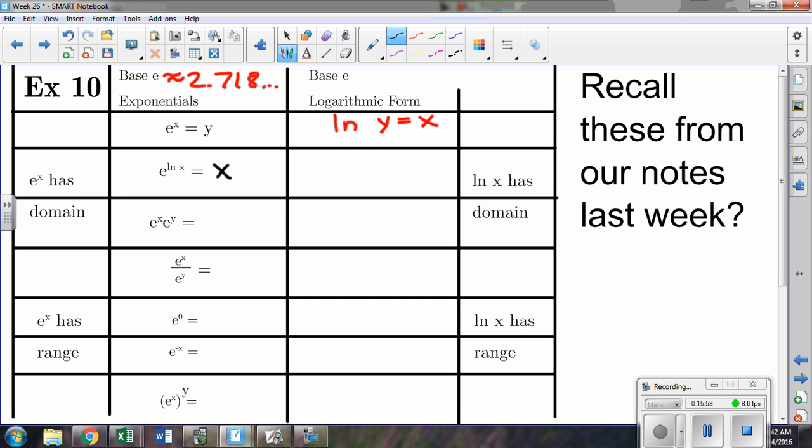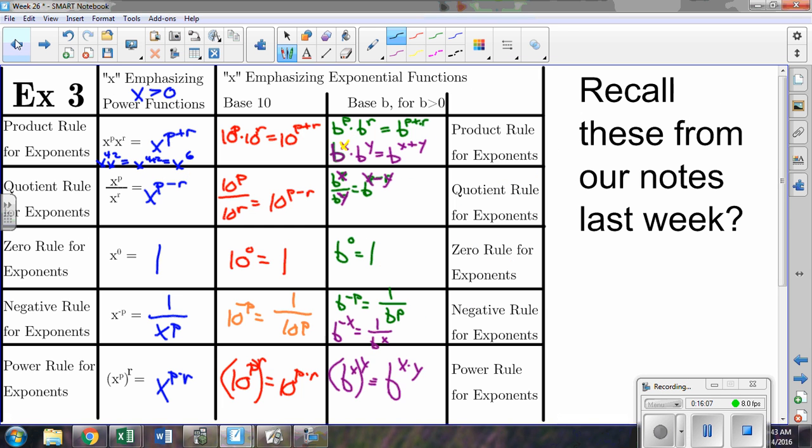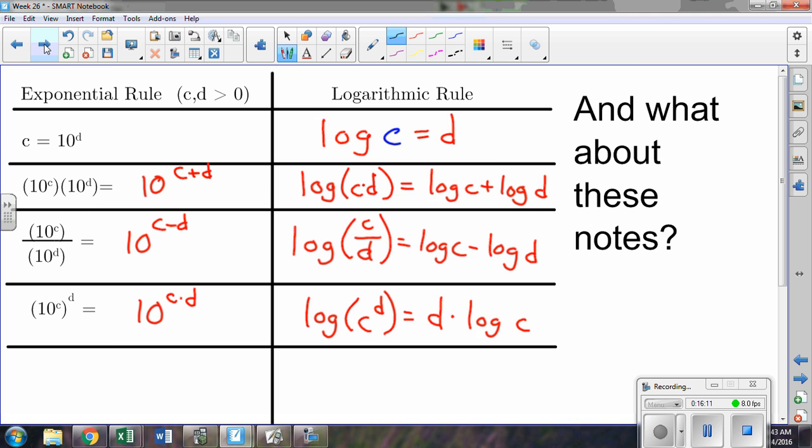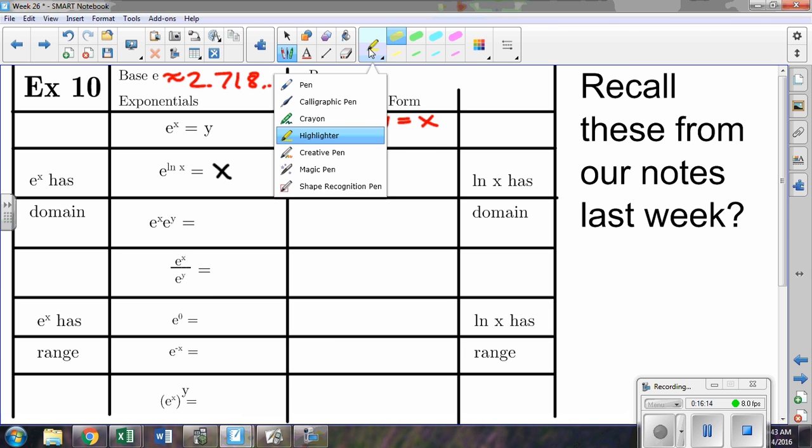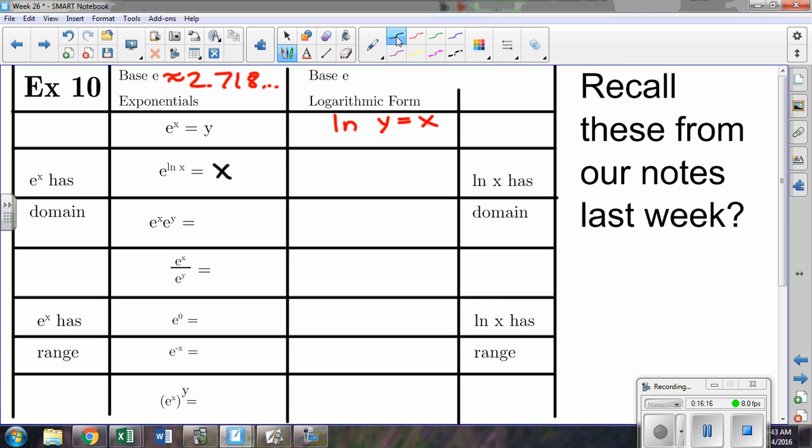With that exponential rule, how would we write that in its logarithmic form? Consider our rule. Basically, this problem here was focused on the idea that e and natural log cancel each other out.